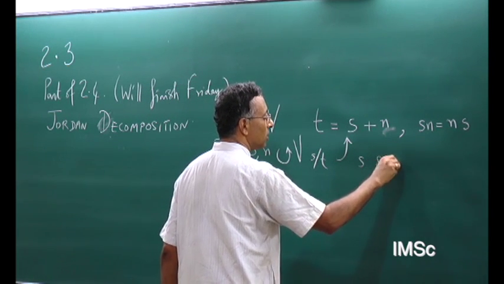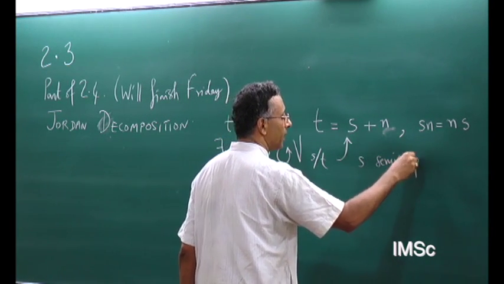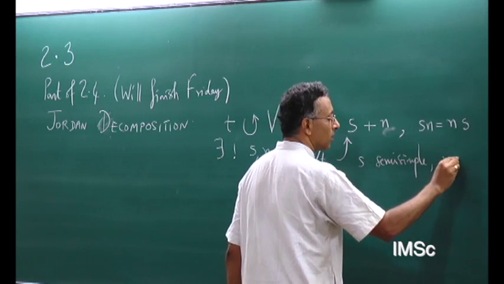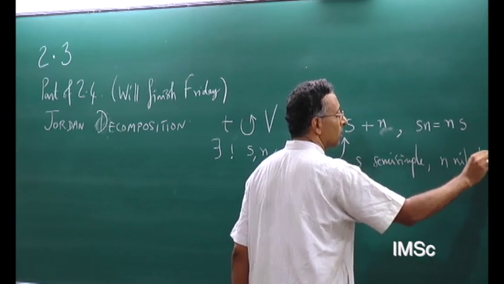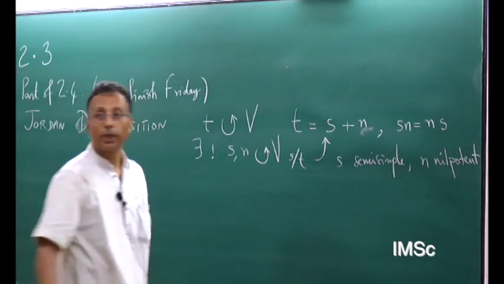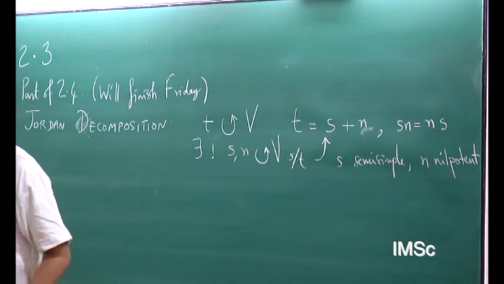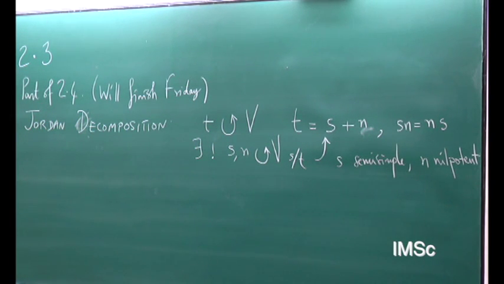S is semi-simple and N is nilpotent. Okay. What does semi-simple mean? It's a linear transformation on a vector space. What does it mean for something to be semi-simple? It just means diagonalizable. That there exists a basis of eigenvectors.